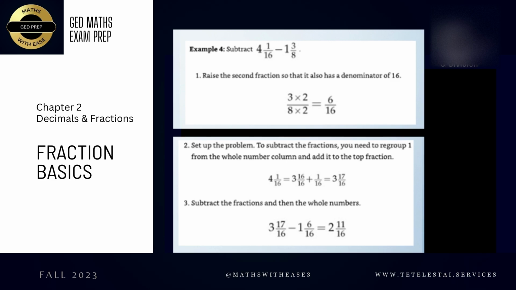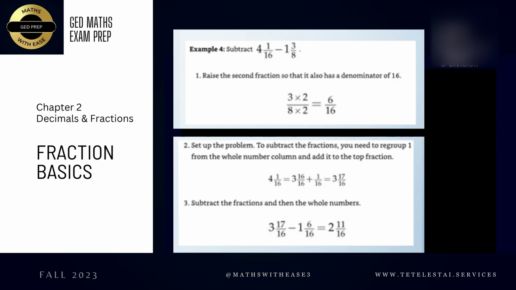Yeah, brilliant. So now we can continue with our subtraction, because now we have 17. Okay. So we can subtract 17 from 6. Remember, it's 6, not 3, because we've raised 3 by 2 and 8 by 2, because we started off by trying to match the denominators, right?